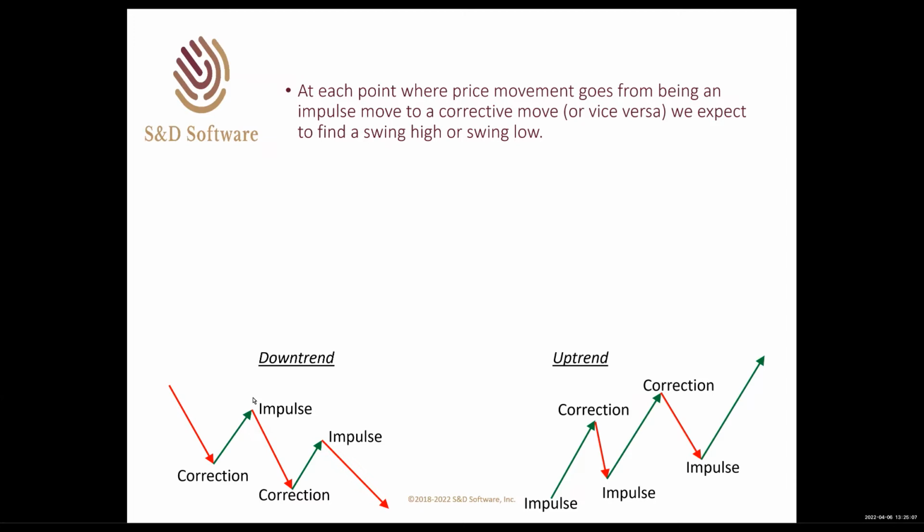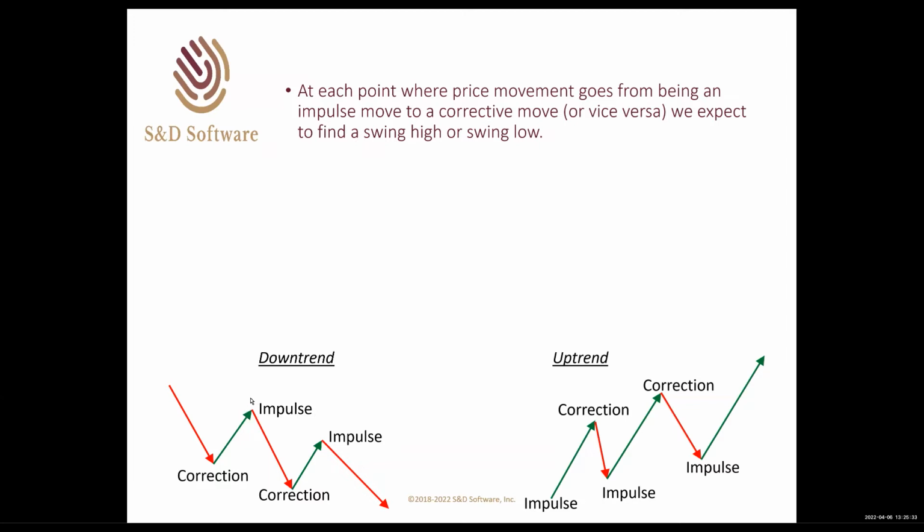It's a sharp change in direction for price. And because of the definition of swing highs and swing lows, they fit very nicely with these changes in direction. So we're going to look at using swing highs and swing lows to objectively define these turning points.